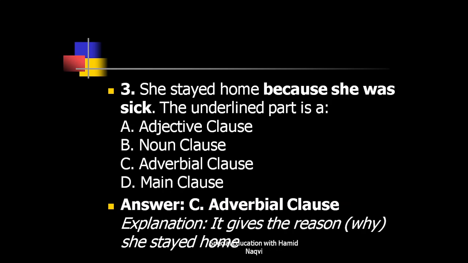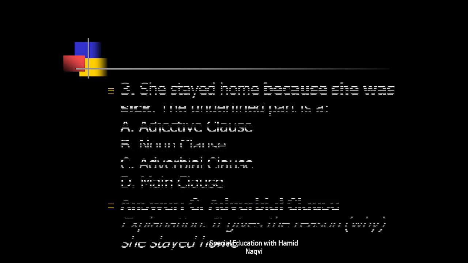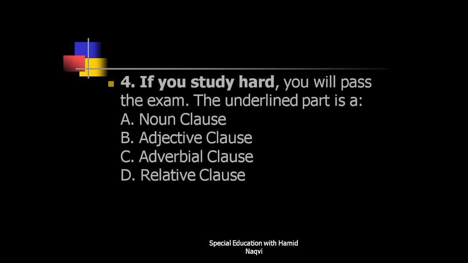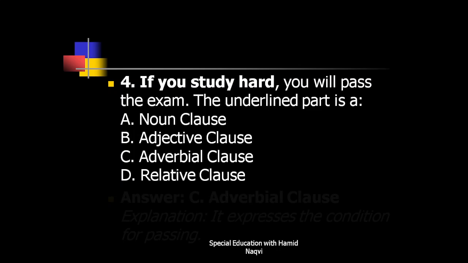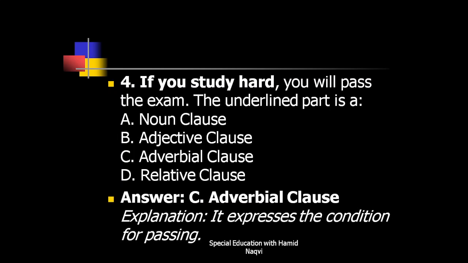She stayed home because she was sick. It is an adverbial clause. Next is "If you study hard, you will pass." If you study hard. Which is this clause? Noun, adjective, adverbial or relative clause? The answer is it is an adverbial clause. Same reason, it expresses the condition for passing.